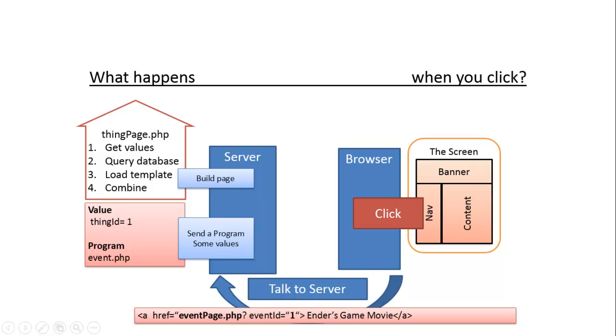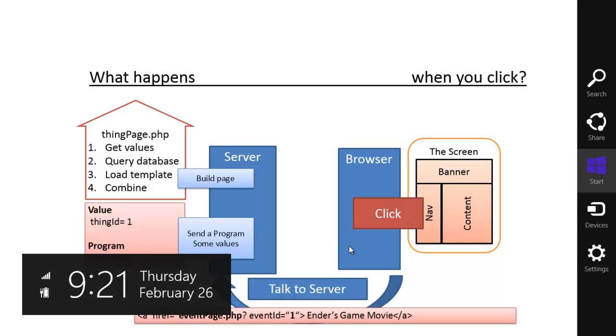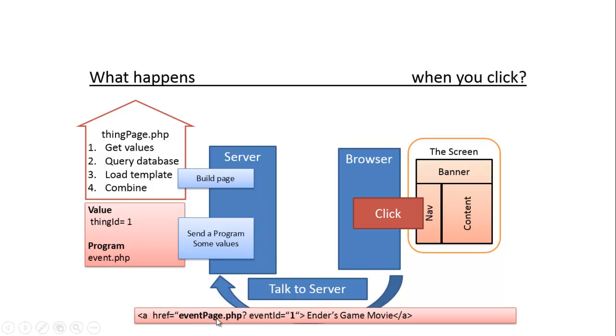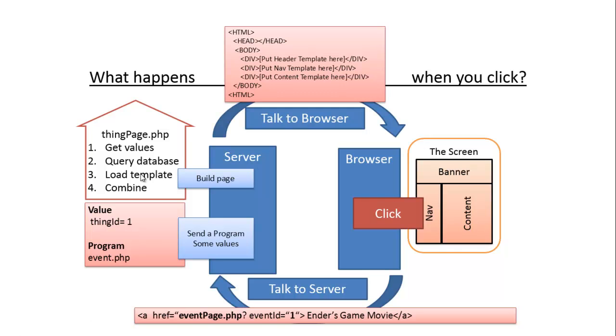It's a link, and the link says Ender's Game Movie, but what the link does is it calls this program, eventpage.php, and it passes it an event ID. Eventpage.php gets the event ID, queries the database using that event ID, loads the appropriate template, and combines the results from the database, the data, with the template, which is the blank, and that's what creates the page.